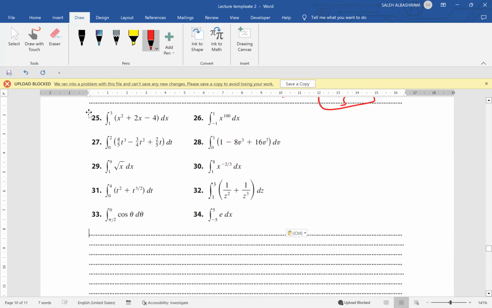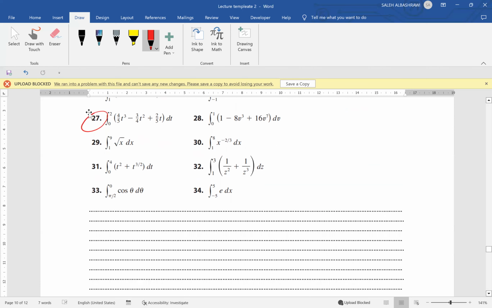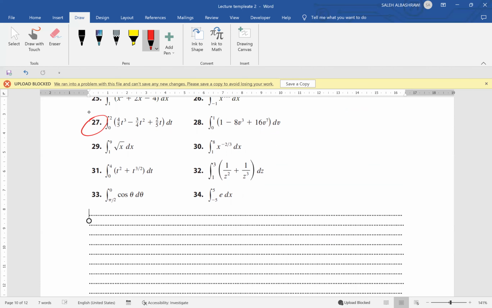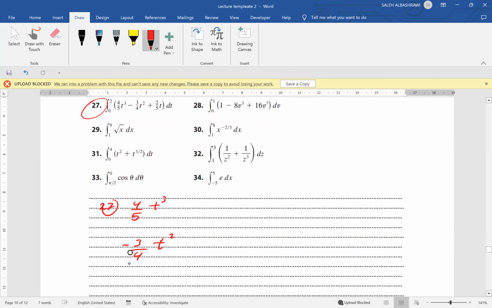Take, for example, question number 27. 26 will be the same, 28 will be the same. 27: I have 4 over 5 t to power 3, and I have minus 3 over 4 t to power 2, and 2 over 5 t.